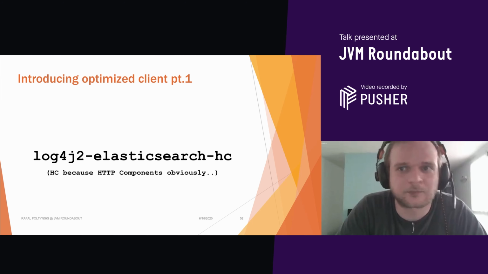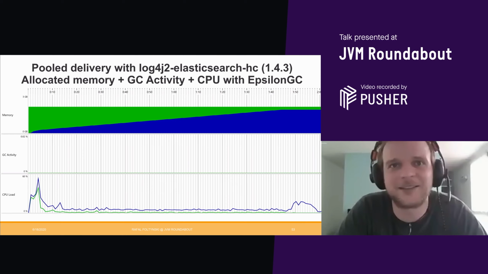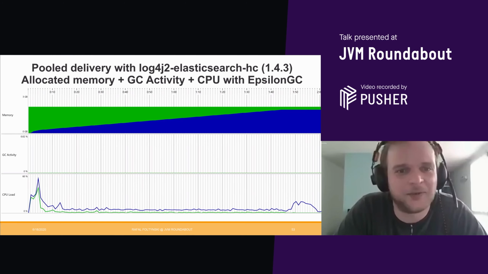And the first run with Epsilon was just blowing my mind. I finally managed to deliver 1 million logs with less than 2 gigabytes of heap, and also the CPU usage was very low.